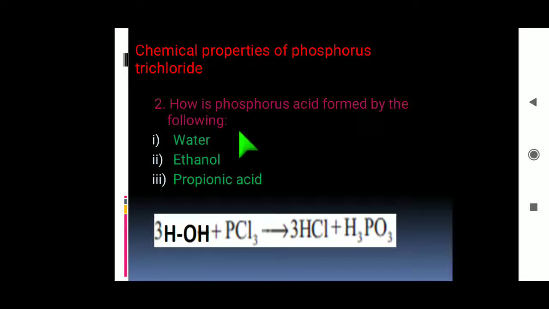By the following: when phosphorus trichloride reacts with water, ethyl alcohol, that is ethanol, and then propionic acid, we can get phosphorous acid. For getting phosphorous acid, the PCl3 has to react with the following reagents.